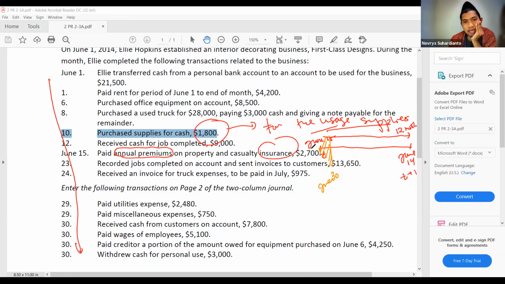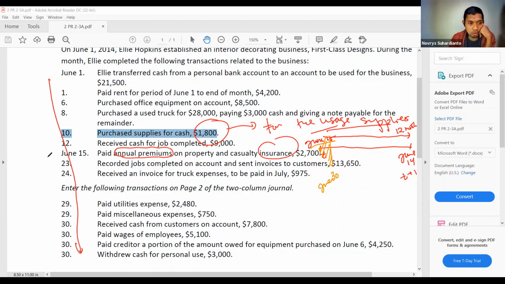When we pay that premium on June 15, we expect we will be protected by the insurance company for 12 months until June 14 next year. Because we expect we will enjoy protection, we will get economic benefit from the insurance.